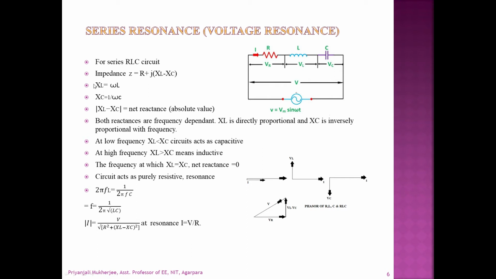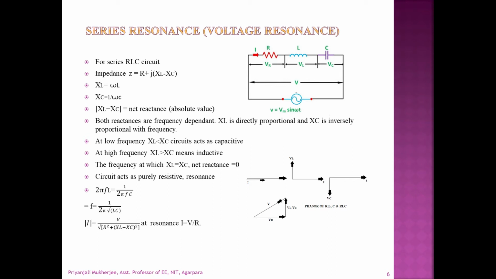Now, from these equations, XL equals 2πfL and XC equals 1 by 2πfC, we can say that both reactances are frequency dependent. The inductive reactance XL is directly proportional to the frequency, whereas the capacitive reactance is inversely proportional to the frequency.